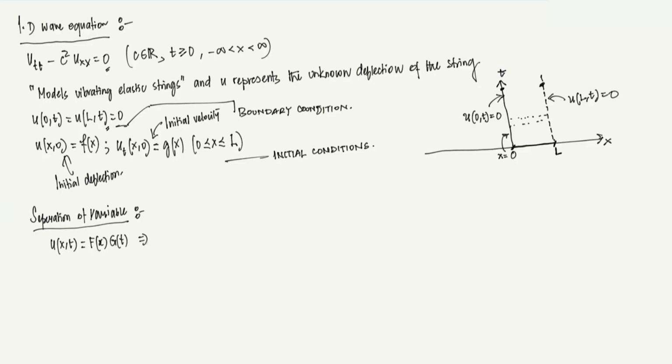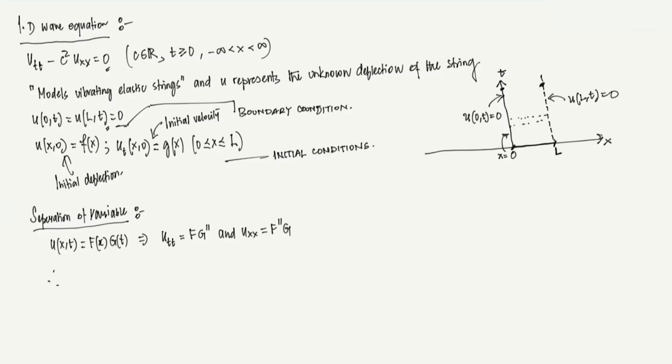Therefore, from this equation, u_tt is F G double prime, and u_xx is F double prime G, exactly like the harmonic equation.